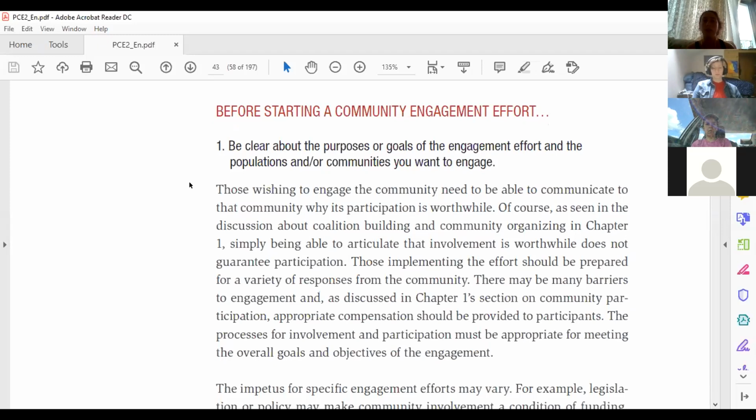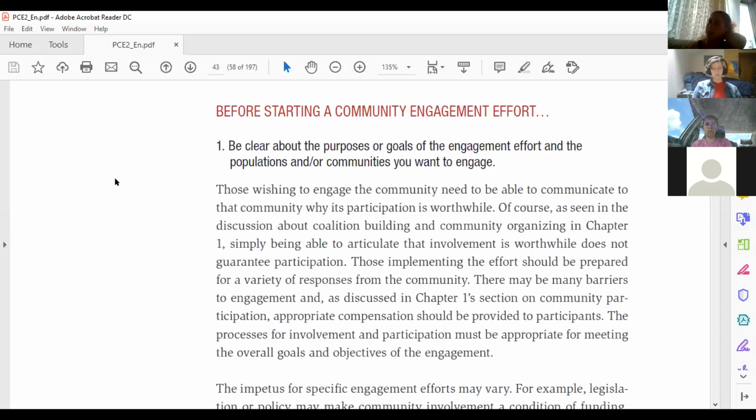So number 1, the first principle is be clear about the purposes or goals of the engagement effort and the populations and/or communities you want to engage. The very first group talked about what a community is, how a community is defined, and what community engagement is.